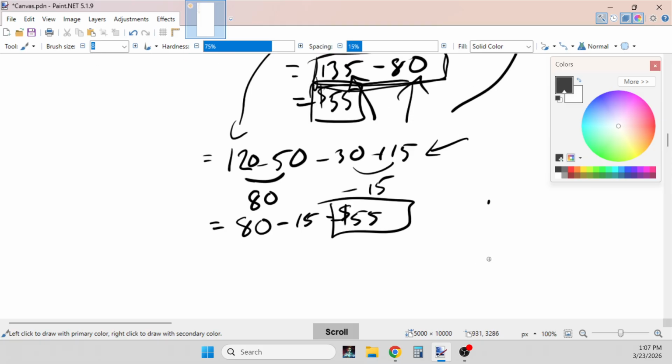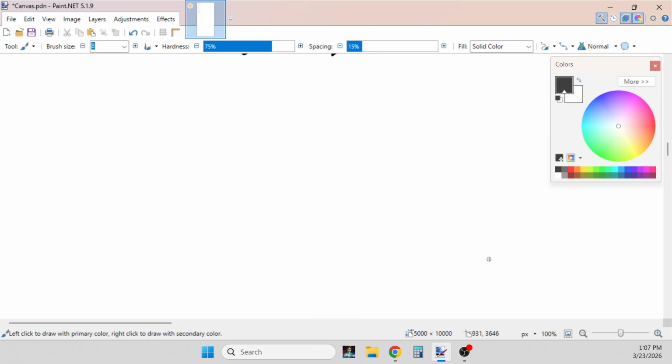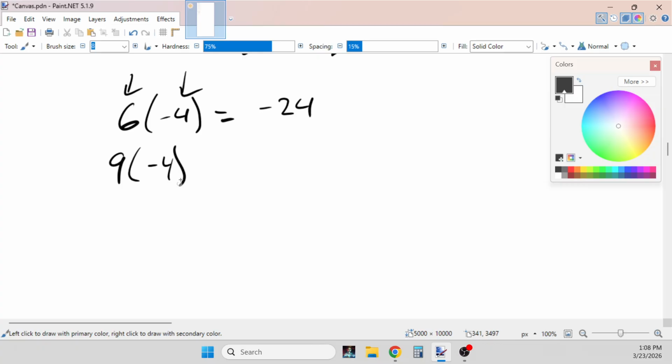Okay, so move on to multiplication and division. We have 6 times negative 4. We have opposite signs. We get a negative answer. If we have multiple numbers, then we can pair them up.